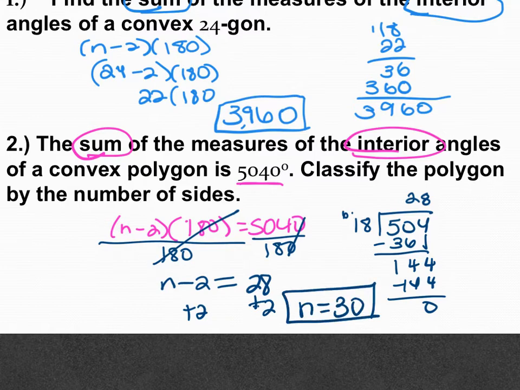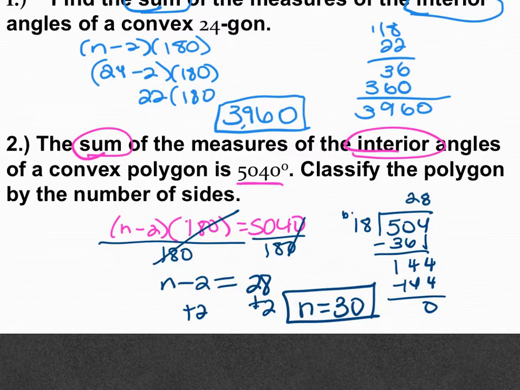I like distributing. That's fine. It will always give you a whole number, so if you want to divide first, you can. Because 180 is smaller than dividing by 360, but it will always give you the same answer. And it will always be a whole number if it's asking for n.